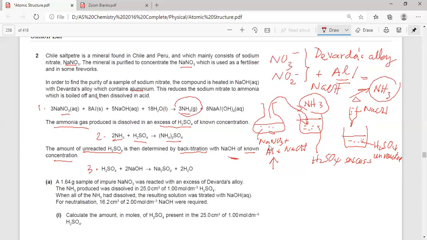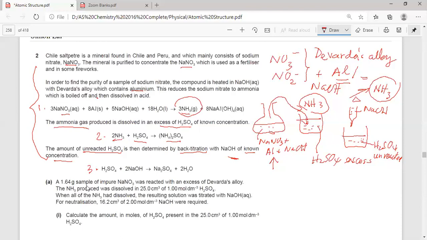Very important. Now here it is step by step. How did it all start? What are the values here? It's 1.64 grams. They tell you the procedure, the theory, and now the practical stuff.